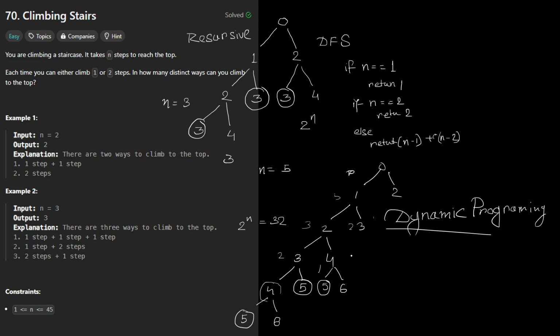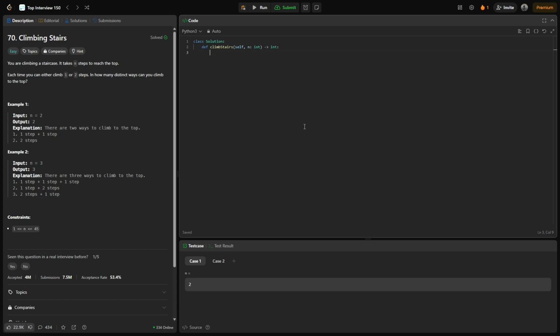This is one of the most simple dynamic programming concepts. Now let us jump to the Python solution where we are going to understand how we can create a program to calculate it. The first thing we need to do is create our base cases. Our base case is if n becomes 1, then we return 1. If n is 2, then return 2.